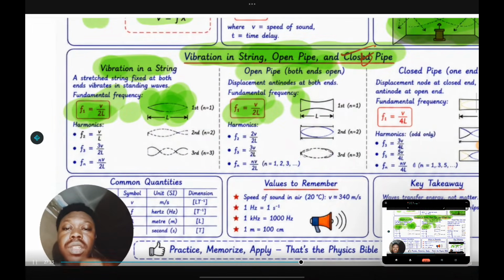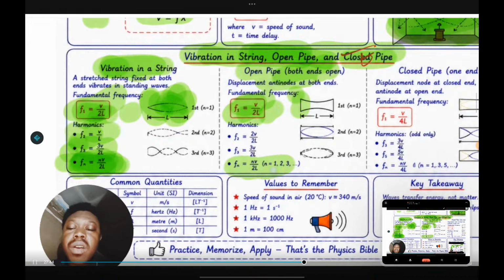Frequency F naught. All right. Then we have first tone, harmonics, and then first overtone. Then we have F3, we have Fn, as many as possible. You keep on changing this general formula.